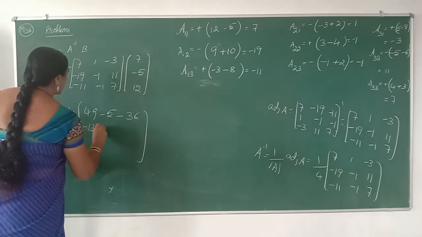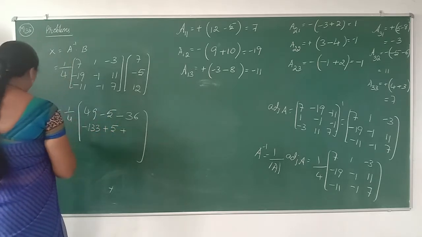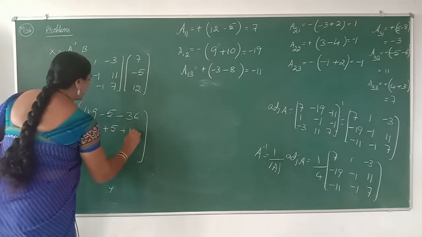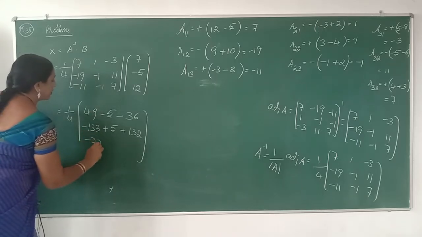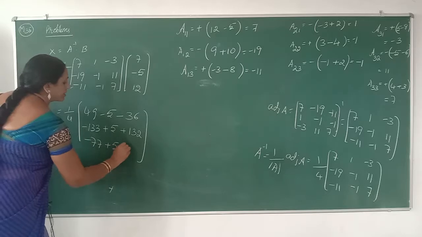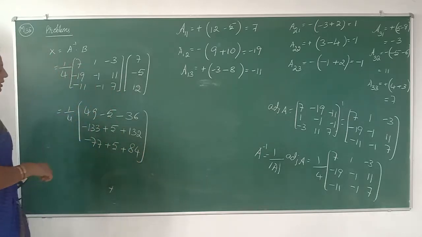Minus 133. Minus into minus is plus 5. Plus 11 into 12, 132. So 11 into 7 is minus 77. Minus into minus is plus 5 plus. So 12 into 7.